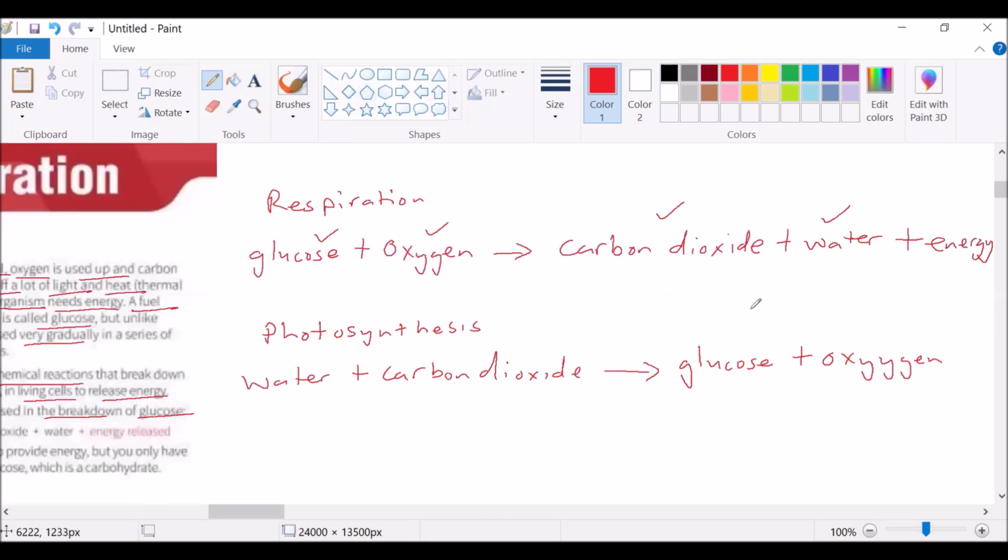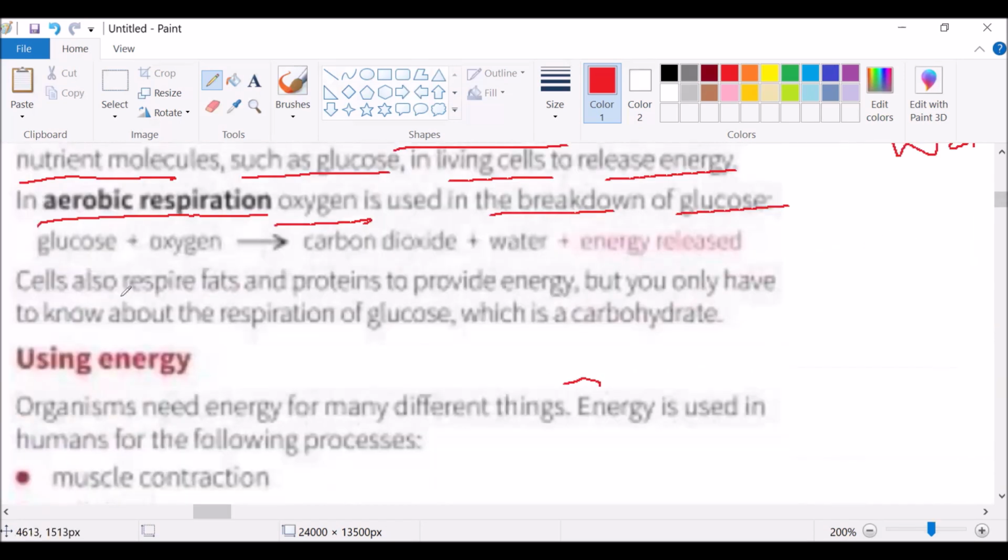The products of respiration, carbon dioxide and water, are the inputs of photosynthesis. And the energy we use comes from sunlight. So energy from sunlight can be considered as an input in photosynthesis, and energy is an output in respiration.